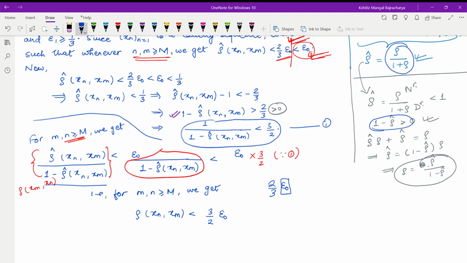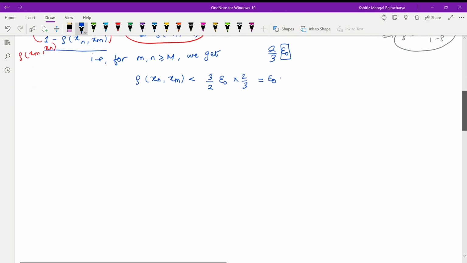Now, these calculations remain the same because ultimately we're going to get less than 1 over 3, and I'm going to take 2 by 3 epsilon naught, so 2 by 3 of 3 by 2 epsilon naught is equal to epsilon naught. So what did we show?